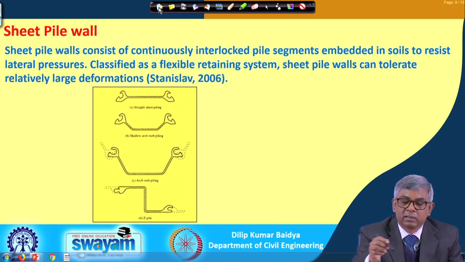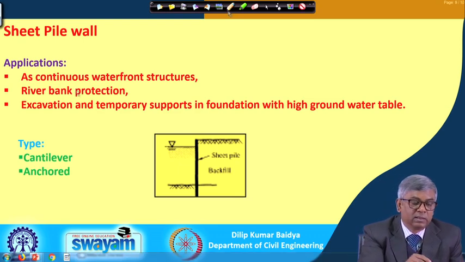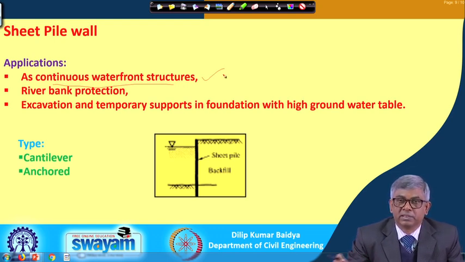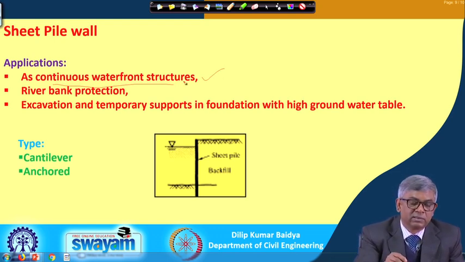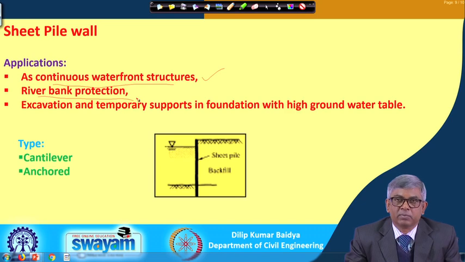Now, let me see the various applications. You can see it as a continuous waterfront structure, like jetty and all those places, where this sheet pile wall would be there. River bank protection: when there is a river bank to be protected, then a continuous sheet pile wall can be driven, and that will help to resist the erosion.